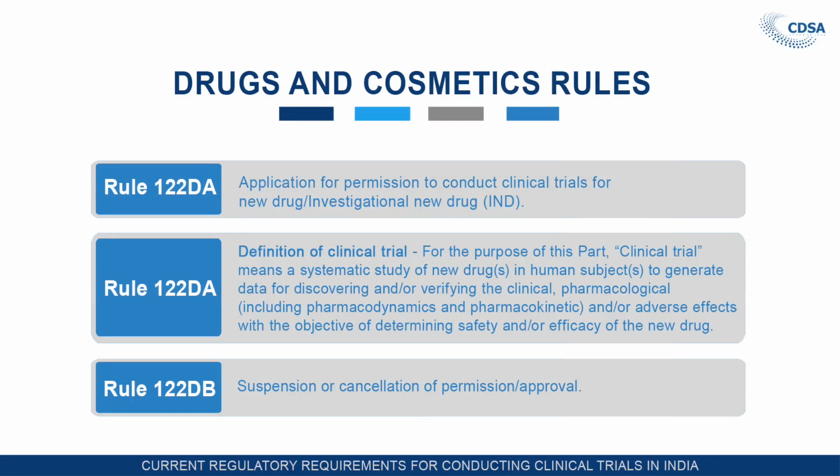Further in this rule, it is given how to apply for the new drug permission, how to apply for the clinical trial phase 1, phase 2 and phase 3, also phase 4, and what are the different fees required, what are the different forms required, in which proforma it has to be given. Everything about the application for permission to conduct the clinical trial and new drug is given in these rules.